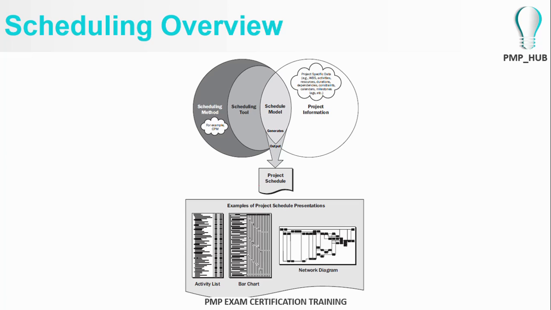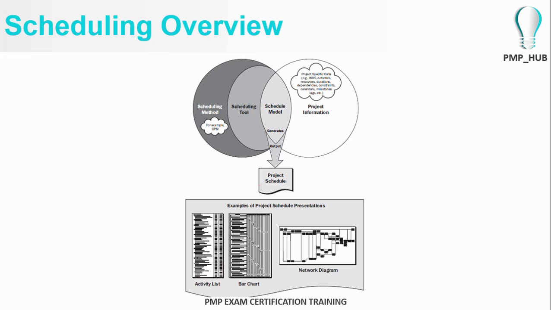Under this module, we will be learning several project scheduling methods such as the critical path method, and we'll be learning many project scheduling tools. Together we'll be able to develop a scheduling model.